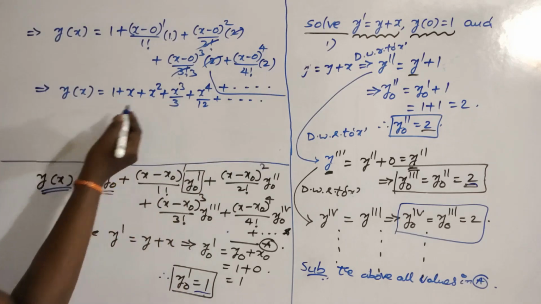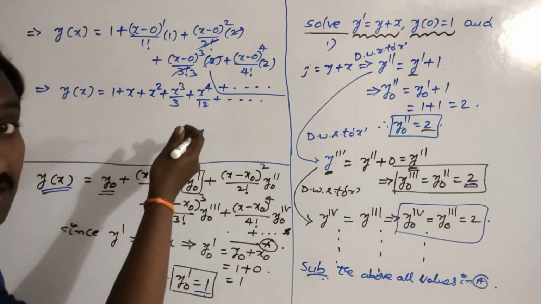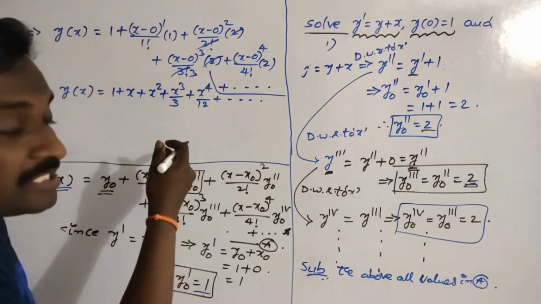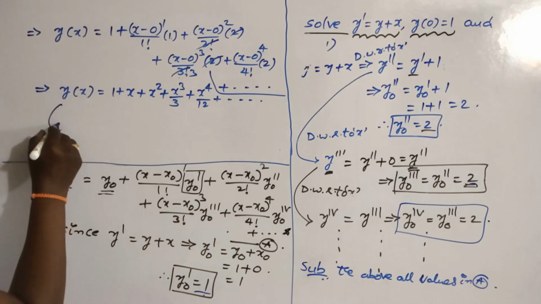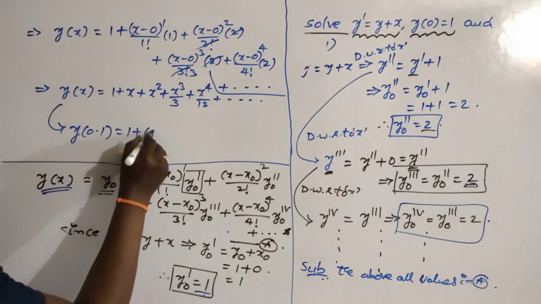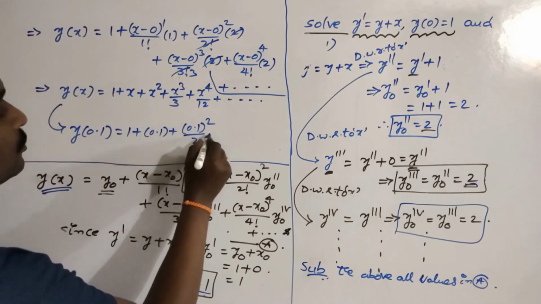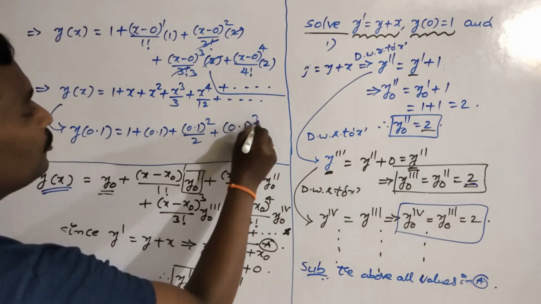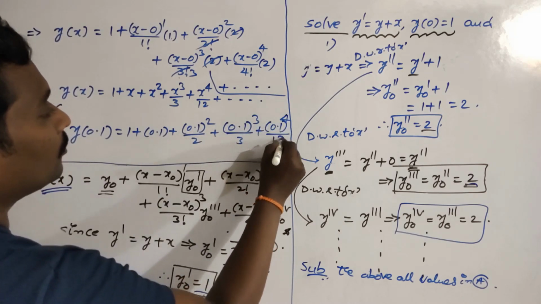In this way you will get the solution. This is not a general solution because it does not contain any arbitrary constant, so this is the particular solution at the given condition. So from this, what is y of 0.1? 1 plus, whenever we have x, replace it by 0.1, so you will get 0.1 whole square by 2 plus 0.1 whole cube by 3 plus 0.1 whole power 4 by 12.